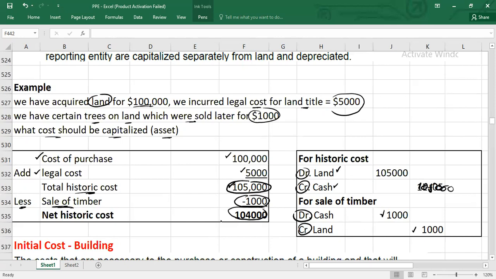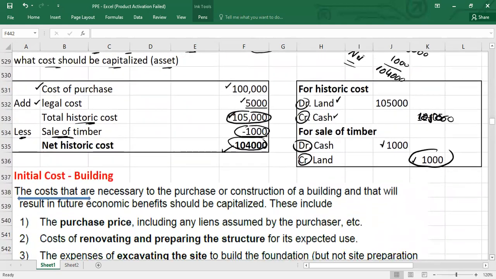So this is how your land will be reflected at net value, because initially you have recorded land at $105,000 and later on you have credited the land by $1,000. So automatically your land will be reflected at $104,000, which will be the net cost of the land. Okay.